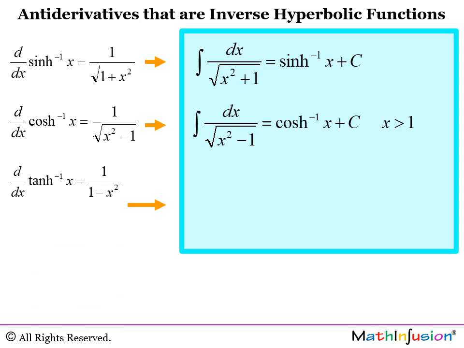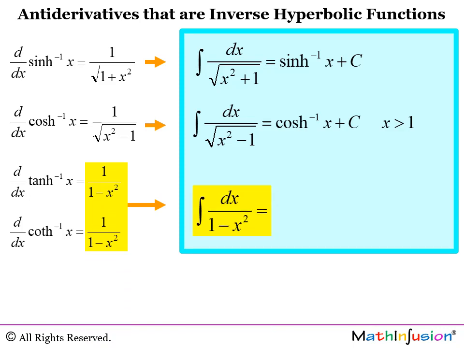And now we have another surprise. The derivative of the inverse tangent hyperbolic x and the derivative of the inverse cotangent hyperbolic x is 1 over 1 minus x to the power of 2. It means that the integral of this one is supposed to be equal to what? The first one or the second one? And here's another surprise. It all depends on the value of x.